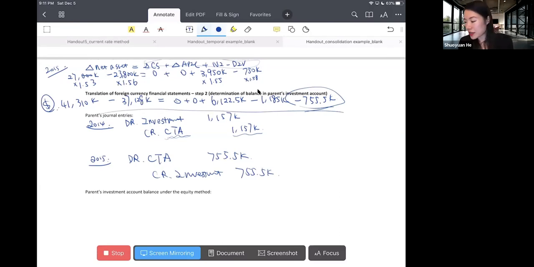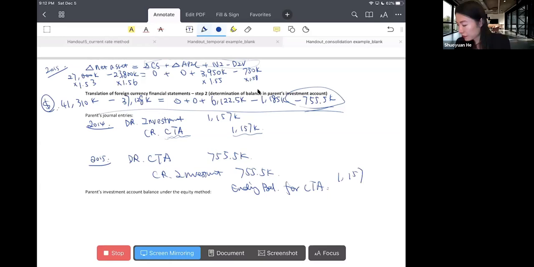Over the 2 years. So what is the ending balance for cumulative translation adjustment at the end of the year 2015? So that would be 1.157 million minus 755.5 thousand.